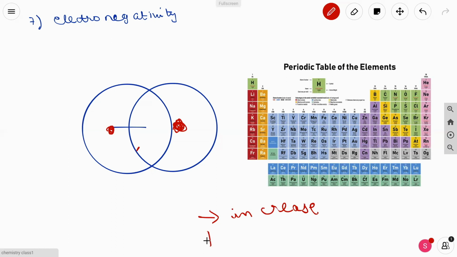Down a group, since the size increases, the effective force on the bonded electrons decreases, and therefore electronegativity decreases.